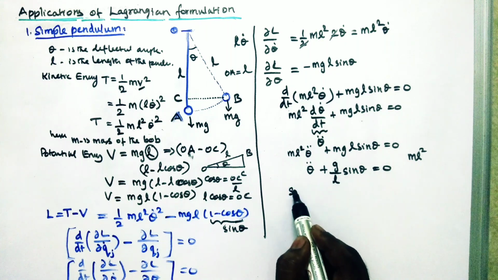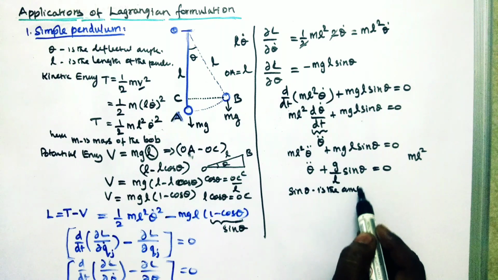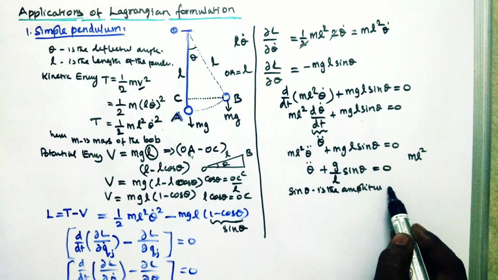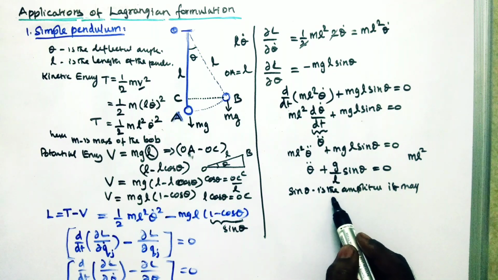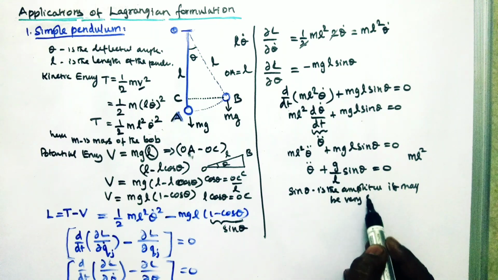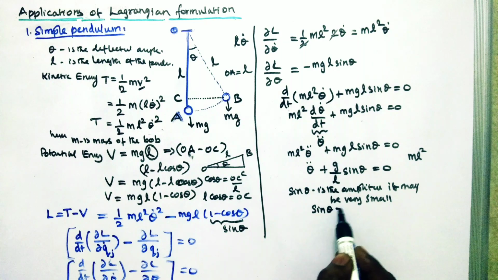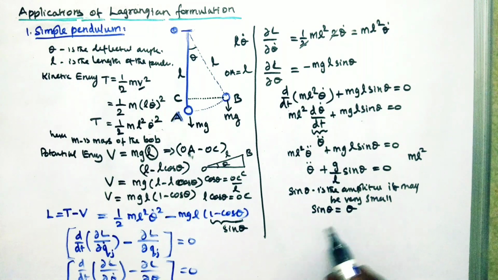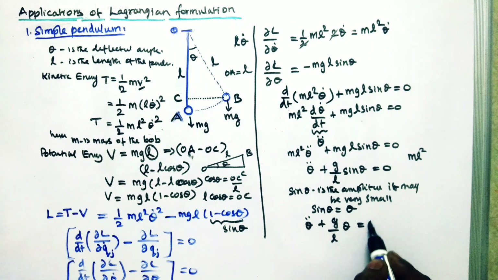Here theta is the amplitude. It may be very small, therefore we can mention here sin theta as theta only. It is enough. Therefore theta double dot plus g by L theta is equal to 0.